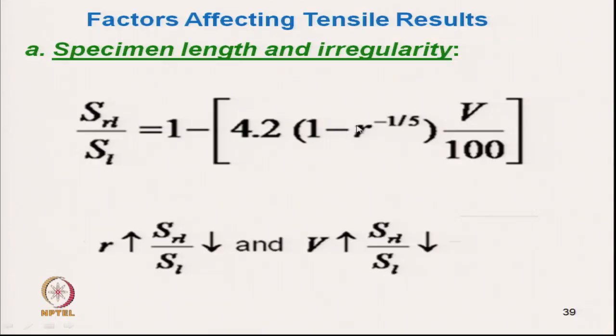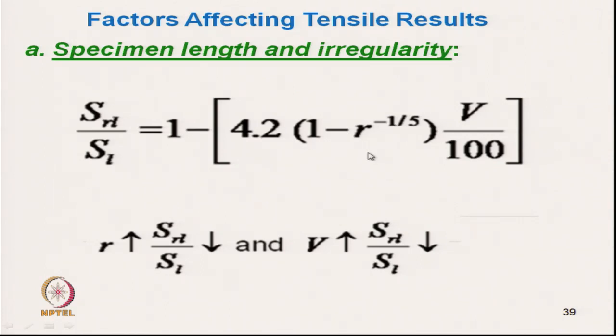Now, let us see what happens if we increase the R value. If we increase R from 1, there will be some positive value here, so this value will be reduced; earlier it was 0, now it will have some value, less than 1.